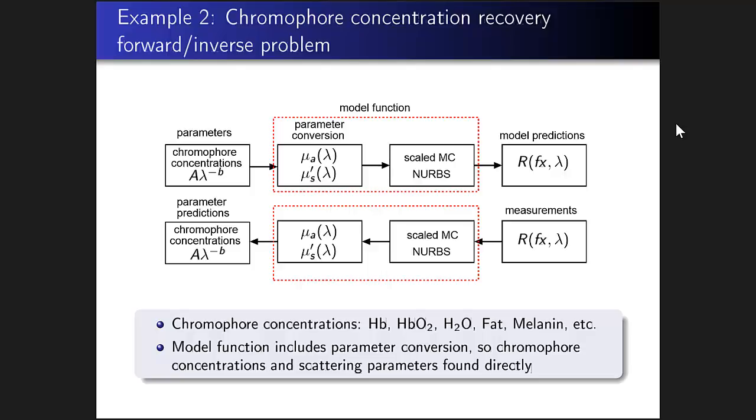This is your inverse problem. So it's just a matter of layering in this conversion, and you're still looking for these parameters on the outside of the model function. I chose HB and HbO2, but we could have similarly looked for other chromophore concentrations.